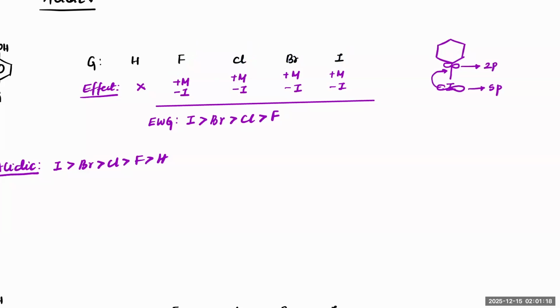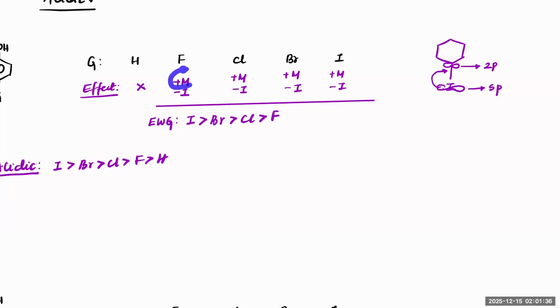So the overlapping of 2p and 5p is very weak, so it is not strongly donating with plus M. While when it comes to fluorine, it is strongly donating because the overlapping is 2p and 2p.